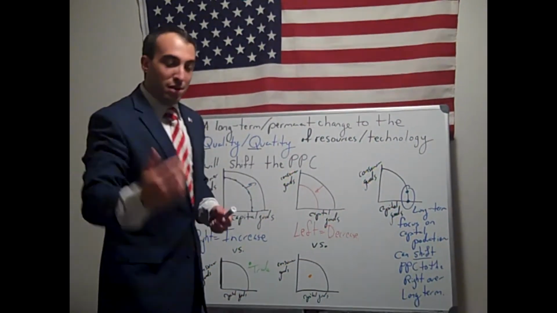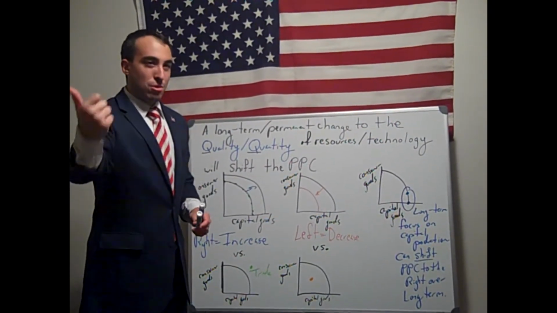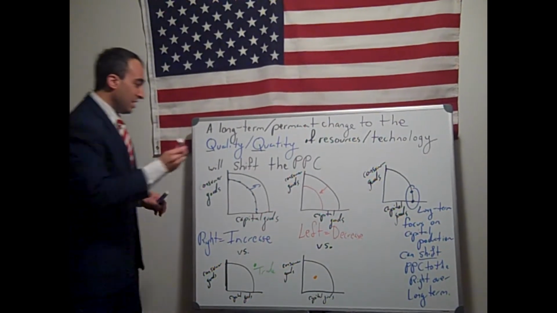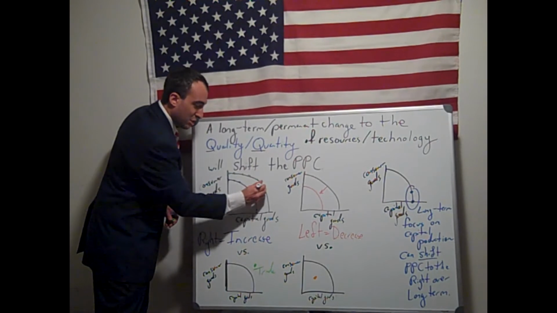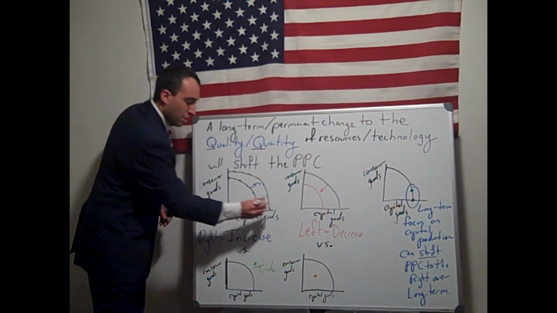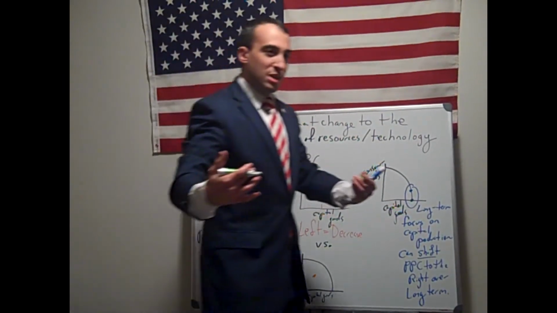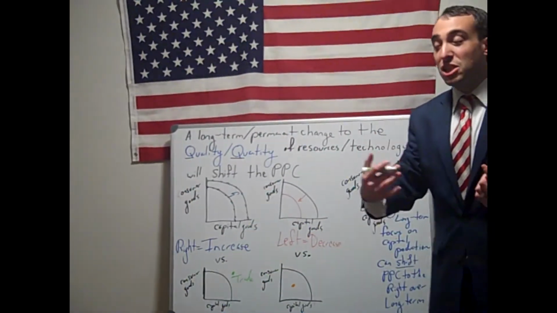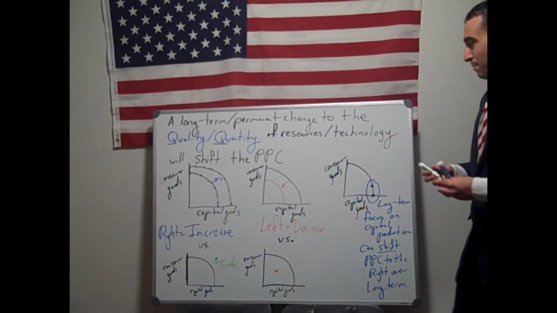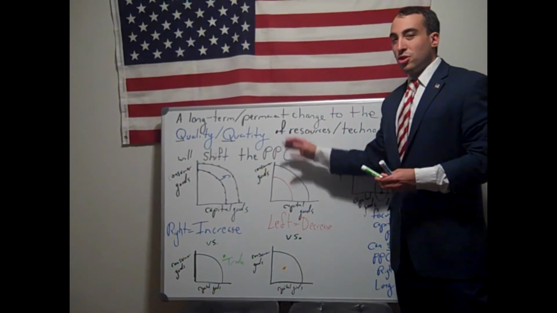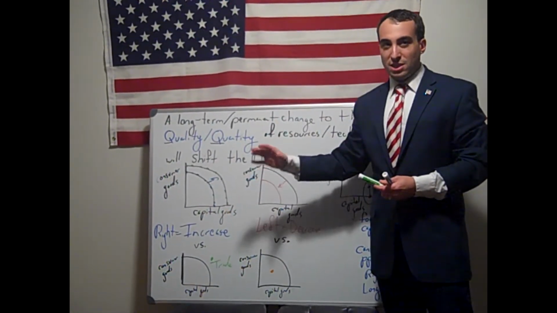Now, after this long-term increase to the quality or quantity of resources or technology, the nation has a greater production potential, which means it now has a greater ability to produce and can create a greater combination of consumer and capital goods and services, versus a long-term decrease to the quality or quantity of resources or technology.